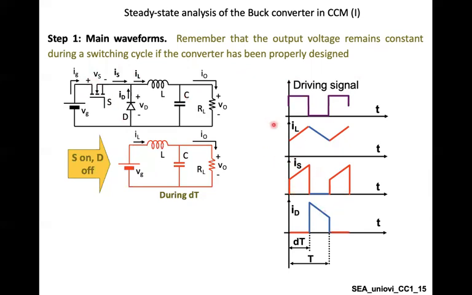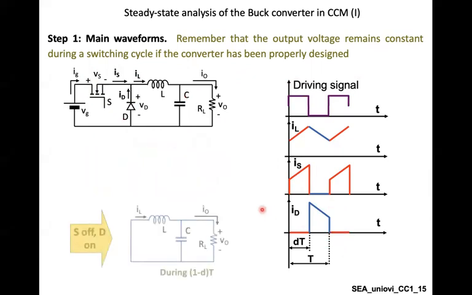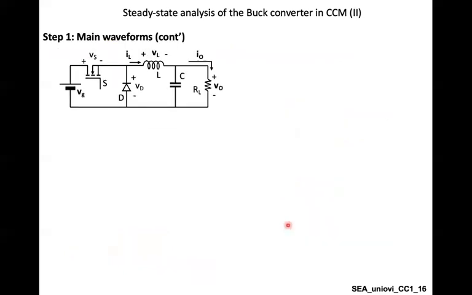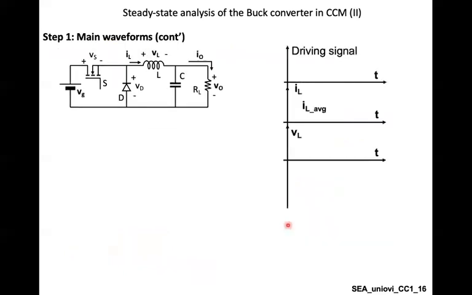And your diode is switched off, reverse biased. So this is again 0. So you will have something like that. And again, a cycle of discharge. So this will be the current in the inductor or the coil, the current in the switch, the current in the diode. What about the average current in the inductor and the voltage in the inductor?